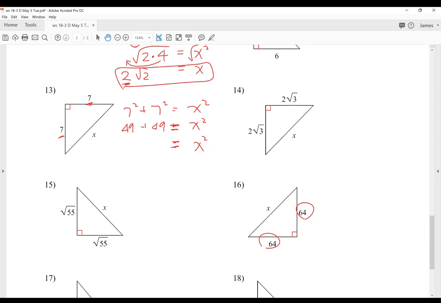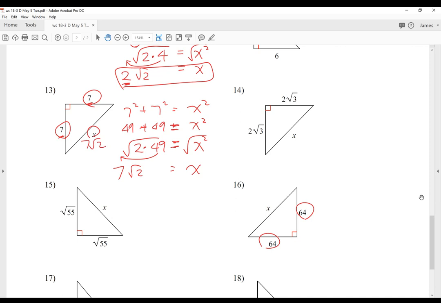I do, it's 98, but I don't need to know 98. Just 49 plus 49 is twice of 49. You have two 49s. Okay, so now when you square root it, well, 49 comes out, and then square root 2 stays. 49 comes out and becomes what? 7. 7 square root of 2.